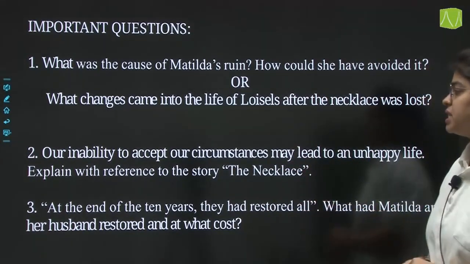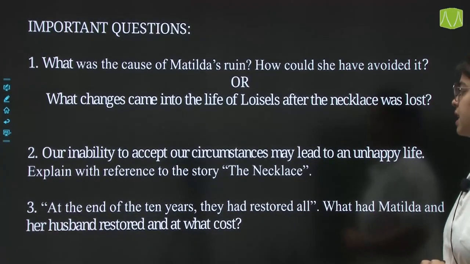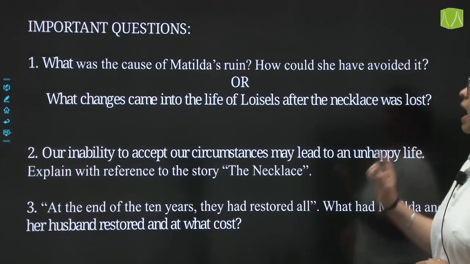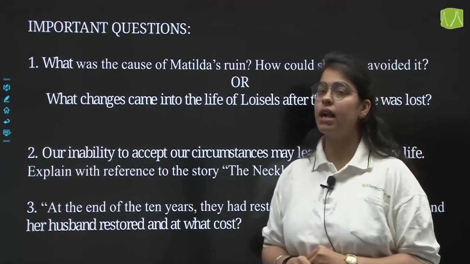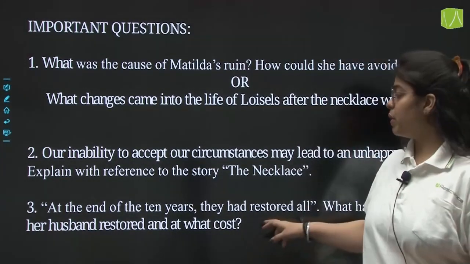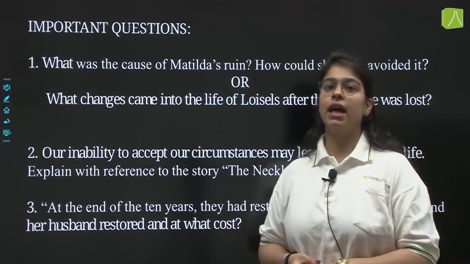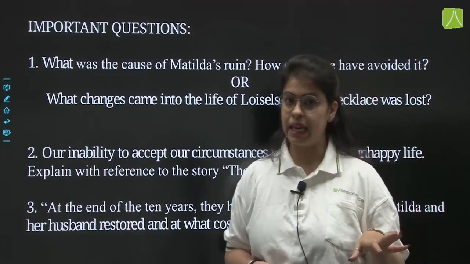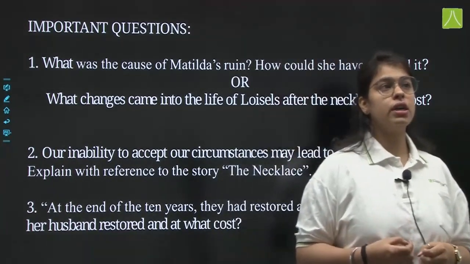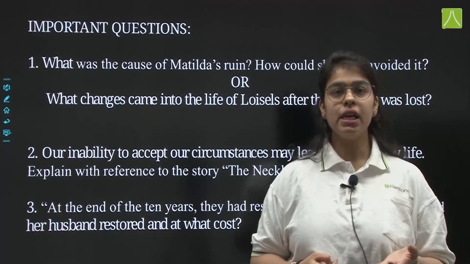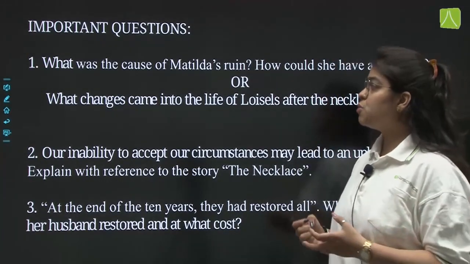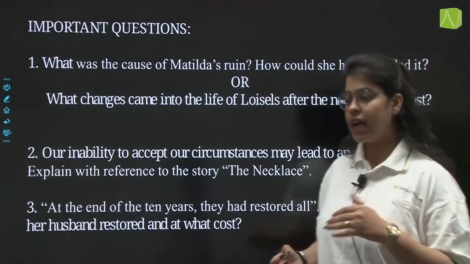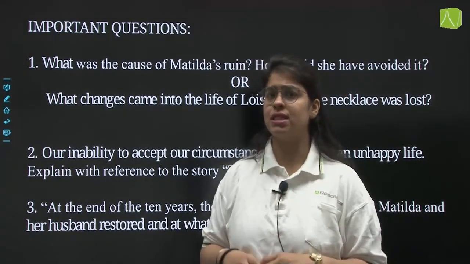Then the last question says, at the end of the 10 years, they had restored all. Now what had Matilda and her husband restored and at what cost? Here you will explain everything: initially she was an unhappy lady, she could not see others happy, she was much more of a greedy person, and she was not happy with the life she was living.